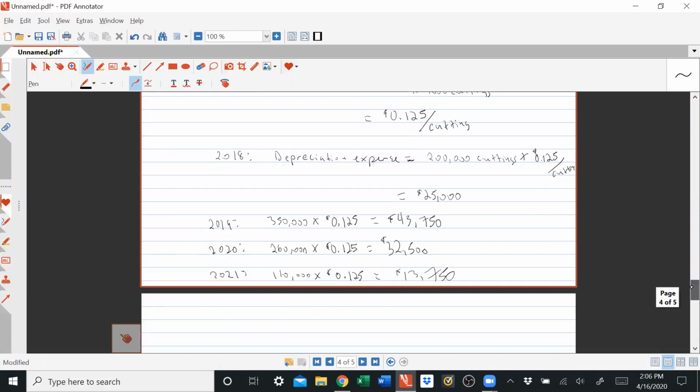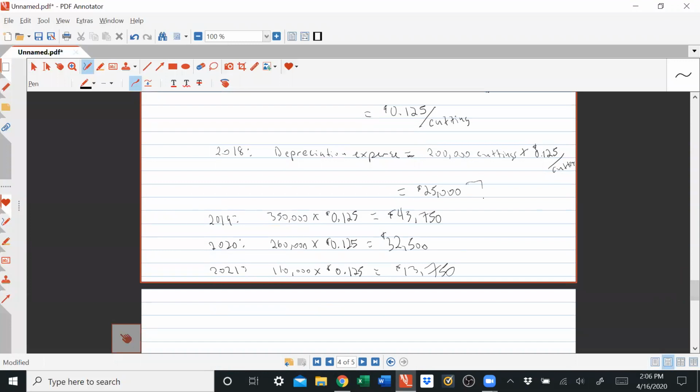And that gets it down to its salvage value. Notice the sum of these numbers. The total depreciation expense recognized over the 4 years is $115,000 under the units of production method.